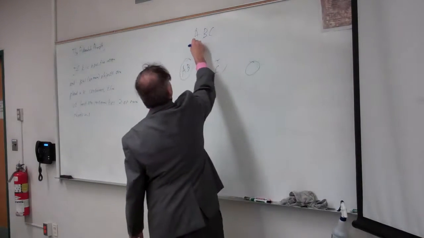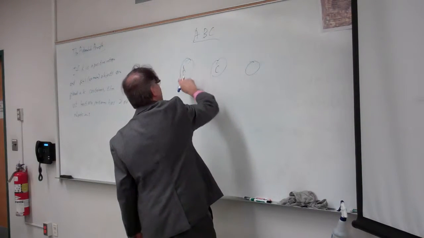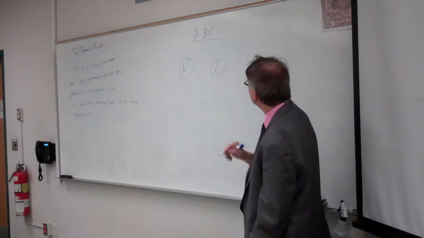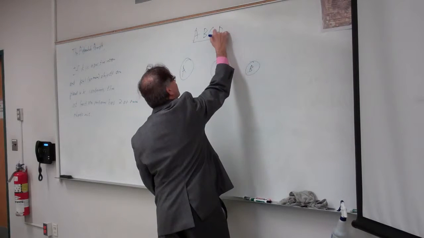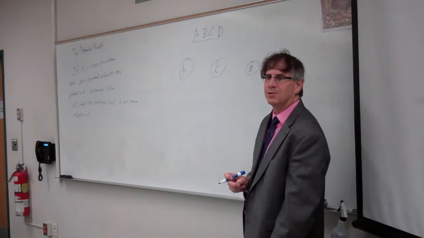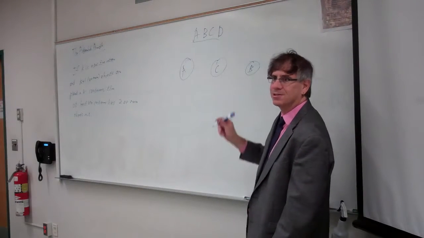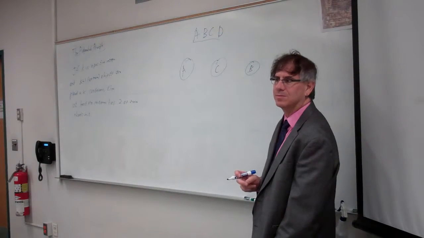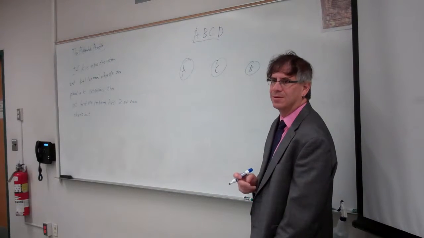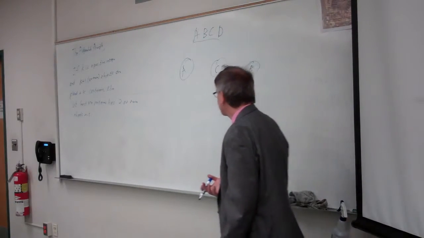But if I only have 3 letters and I have 3 holes, it's possible for me to do this. What the pigeonhole principle is saying is if you have 4 letters, there's no way I can put them into these 3 holes without one of these holes having at least 2 letters in it. Does that make sense? It's a pretty obvious principle.